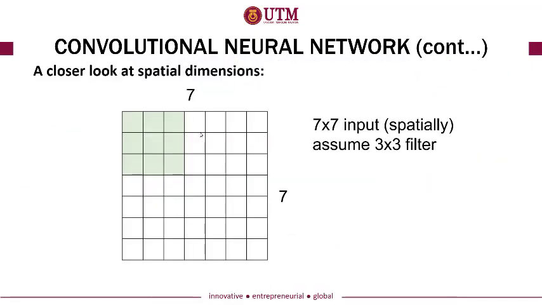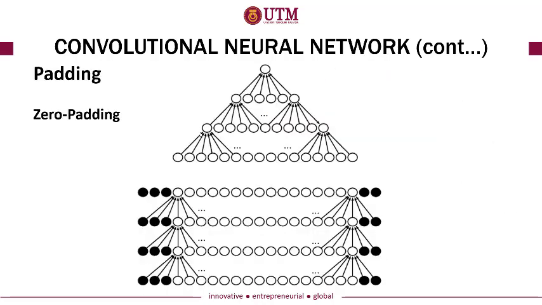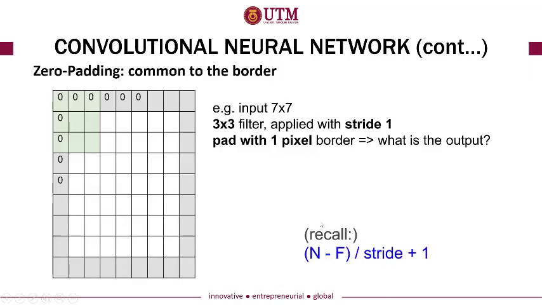If you draw the diagram in neuron form, having the dummy neuron here, which represents the 0 padding, then you can maintain the size. From this stage to this stage to this stage, you maintain the size.